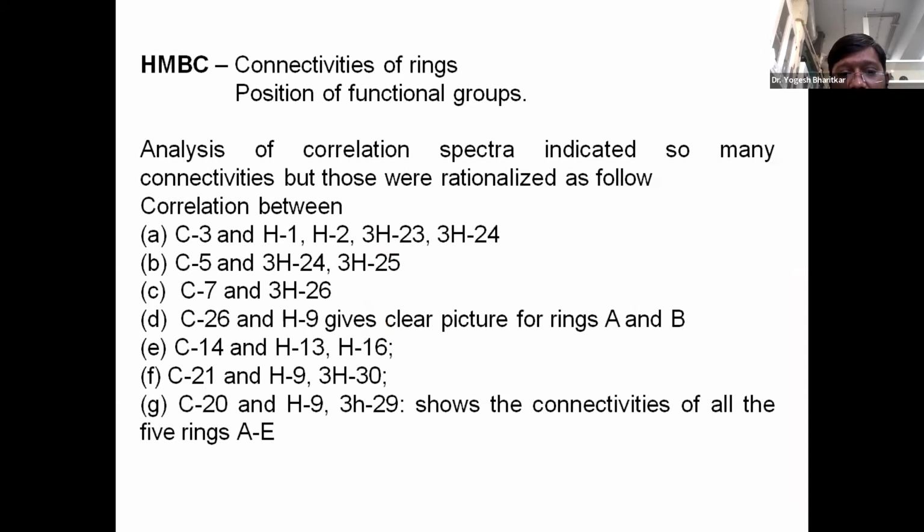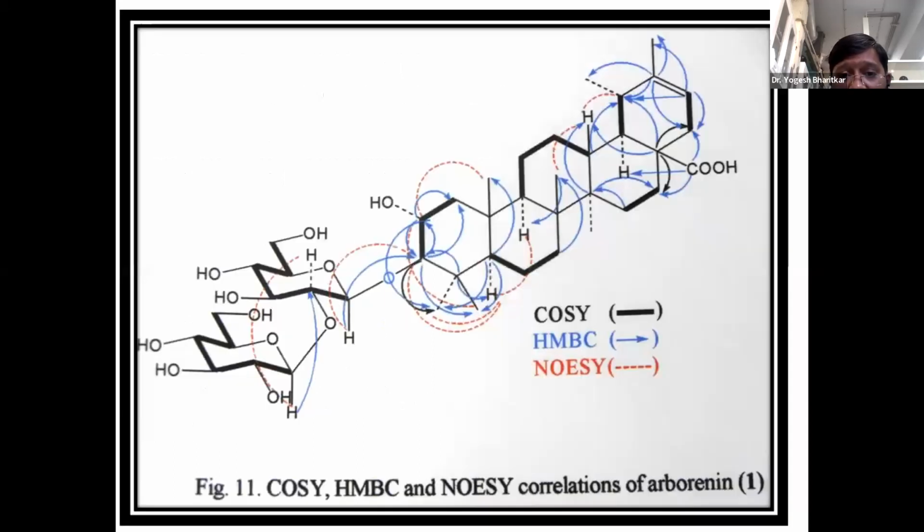And connectivity of the ring we can also identify from HMBC and NOESY signals. The HMBC is the important experiment to get the connectivity in the molecule, the different groups present in the molecule.